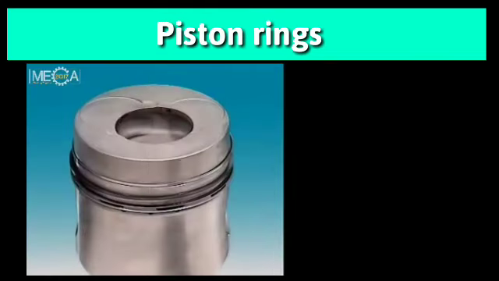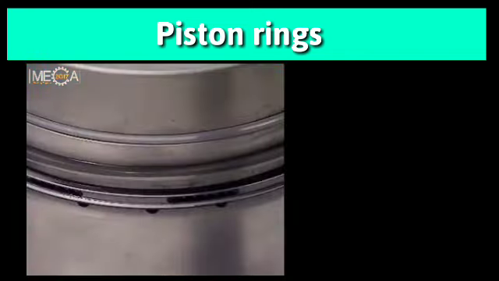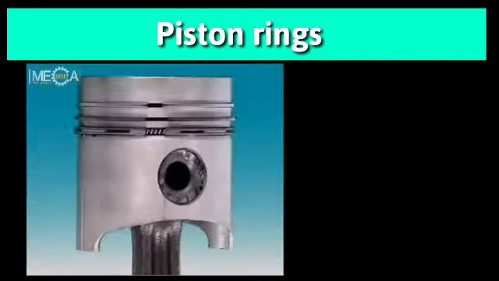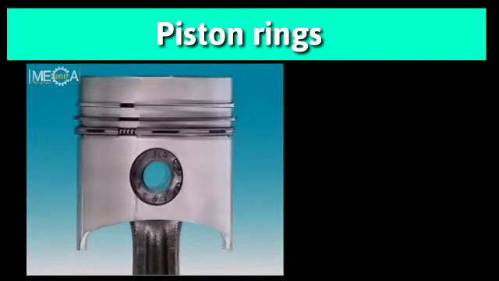Now let us see what a piston ring is and what its function is. As you can see, piston rings are fitted in the piston. Generally in a marine engine there are 4 piston rings. The top 3 rings are called compression rings and the bottom one is called the oil scraper ring. These rings move within the cylinder liner along with the piston.